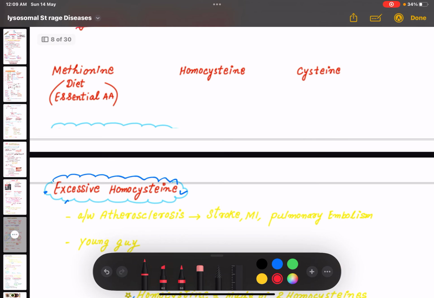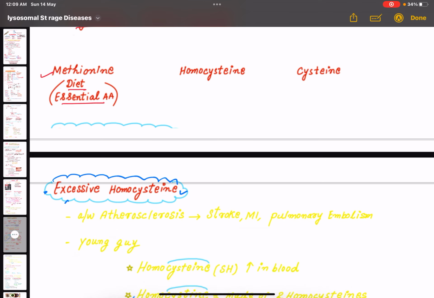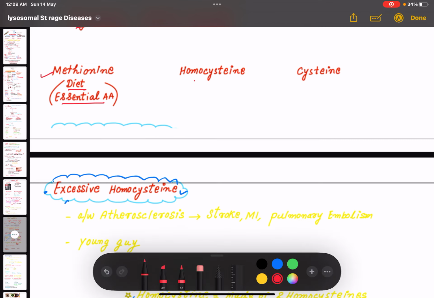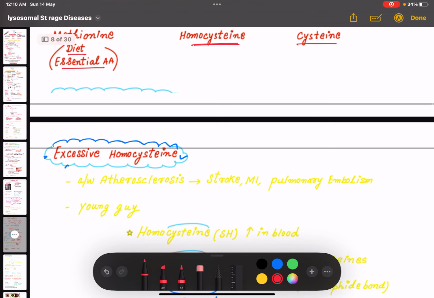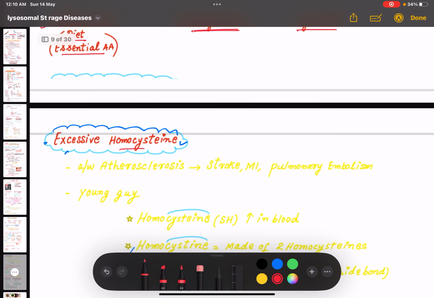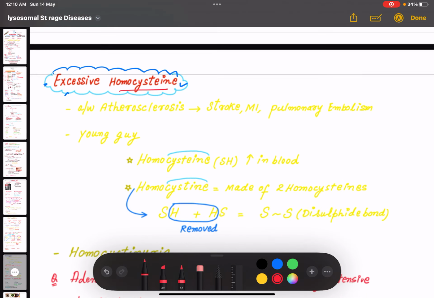Okay, see guys, that methionine we take in the diet because it is essential amino acid. Remember, we are going to discuss some important points about homocysteine and cysteine as well. If the patient is having excessive homocysteine levels in the blood, what is going to happen? It is associated with atherosclerosis.